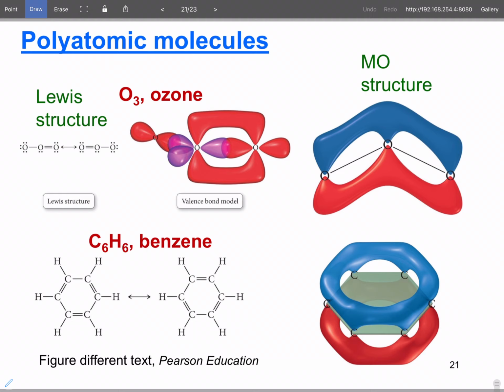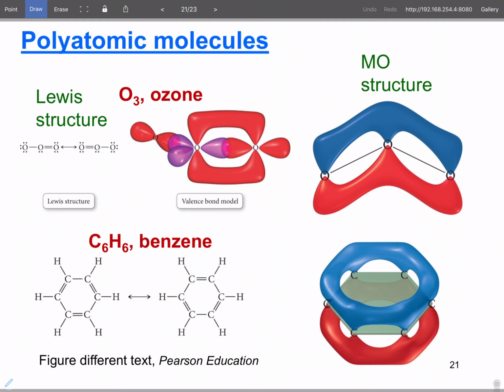Now, the other thing that's really cool is molecular orbital theory will explain resonance. So we said that ozone, remember, ozone had the moving double bond between the oxygens. And so we said that the true structure lay somewhere in between. And we talked about the fact that it was a 1.5 bond, and you're like, you can't have a 1.5 bond.